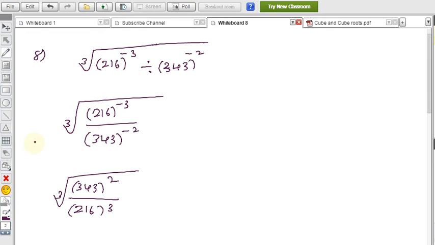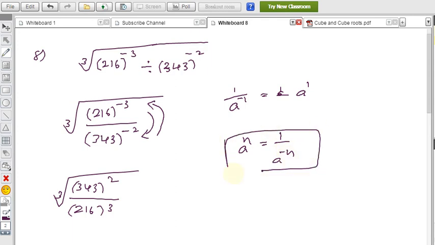See, because of this step, interchanging numerator and denominator, the sign will be changed, because of the formula a to the power 1 by a power minus n is equal to a to the power n, or 1 by a to the power n is equal to a to the power minus n. So if you apply these formulas, the sign will be changed.